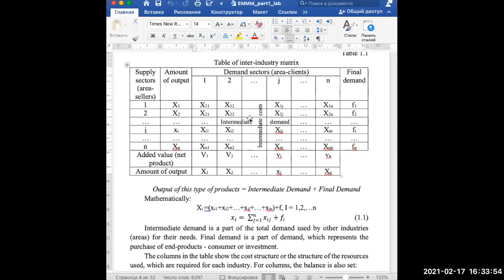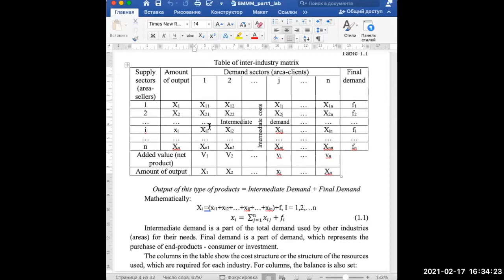Always when we talk about payments for raw materials, it is always only direct cost. That's why all our intermediate costs, or in other words, our payments for deliveries from other branches, we call direct costs.